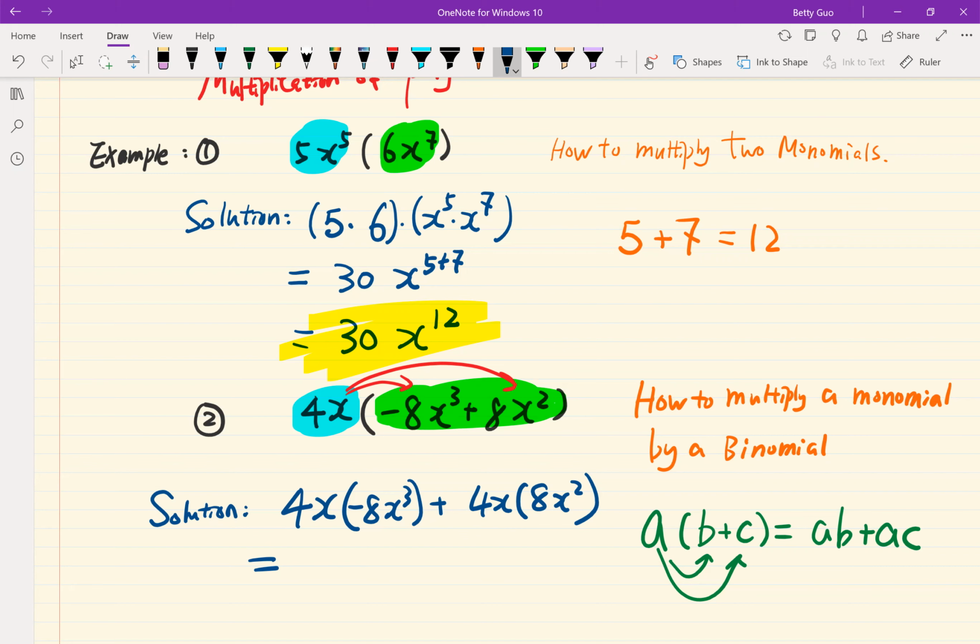So this is a product of two monomials. How do you multiply two monomials? You multiply their corresponding parts, right? 4 and negative 8, the numerical part. What's the product of 4 and negative 8? 4 times negative 8, negative, very good, negative 32.